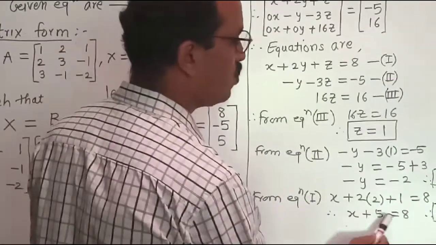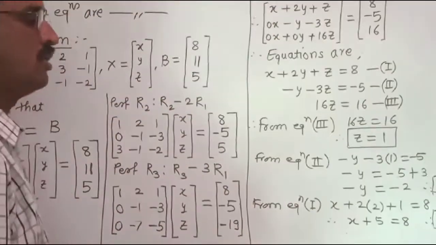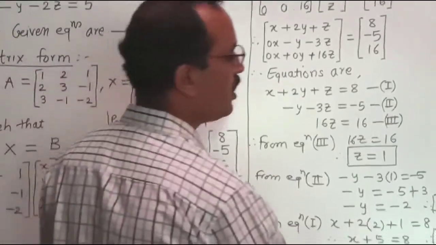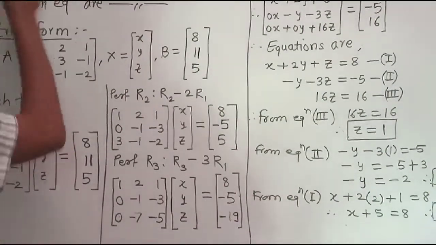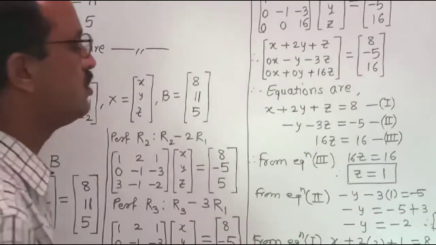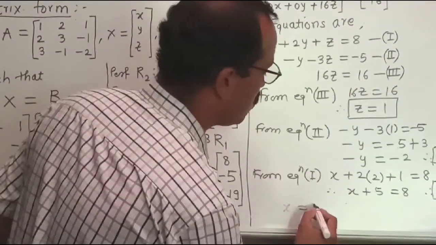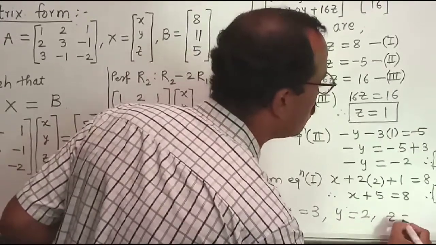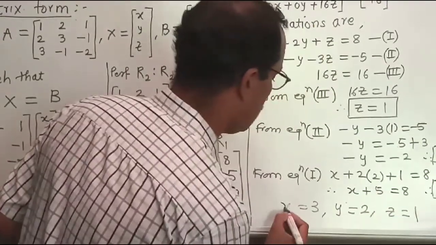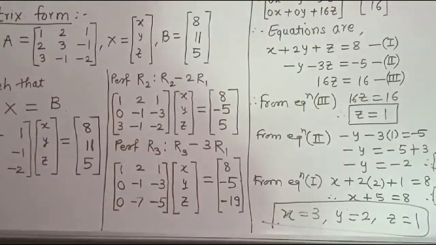Therefore x is equal to 8 minus 5, then x is equal to 3. So in this way we find the values of x, y and z. So the final solution of these linear equations is x is equal to 3, y is equal to 2, z is equal to 1. These are the solutions of these equations.